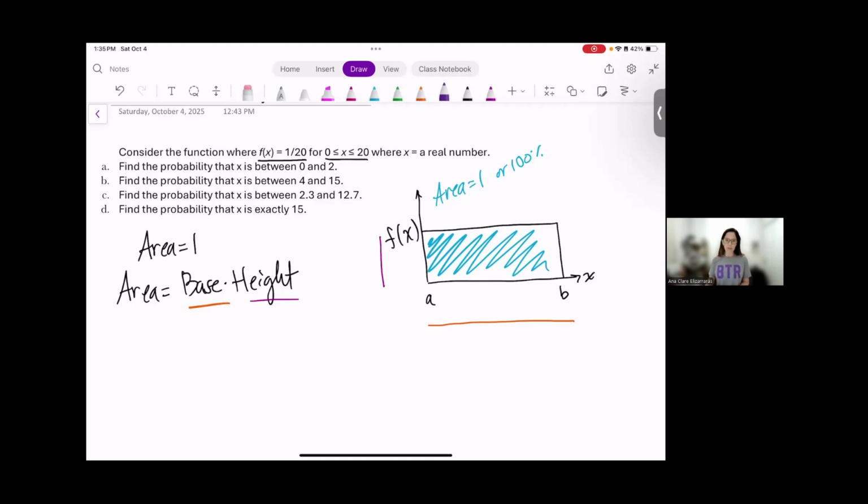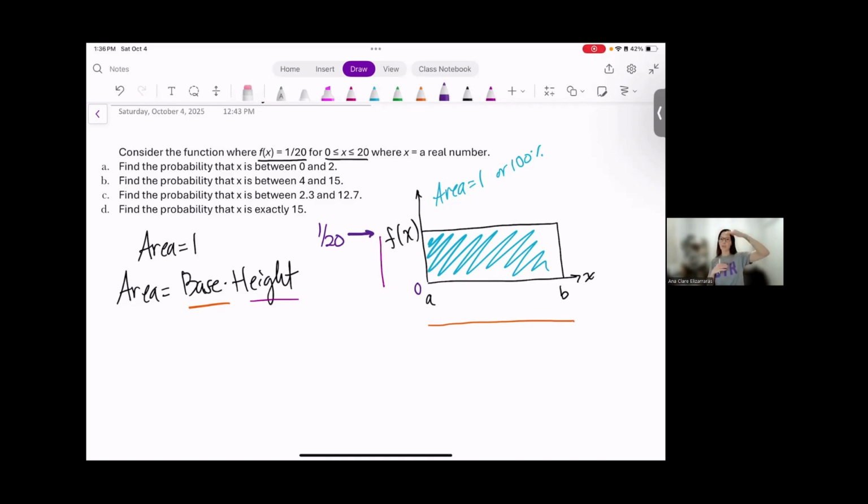So the height of the function, whenever we're labeling function notation, remember we're saying that the function is a flat line here. That function value is 1 over 20. So 1 over 20 goes at the top of that bar where the horizontal bar hits the y-axis. You would label the function value there. That means that from 0 to 1 over 20 is the height. And the distance there is 1 over 20 minus 0. It's just the function value.